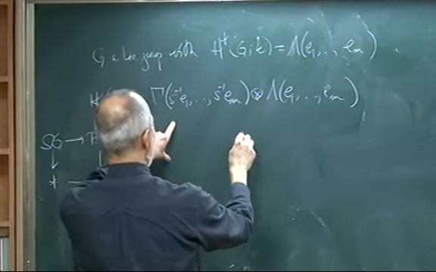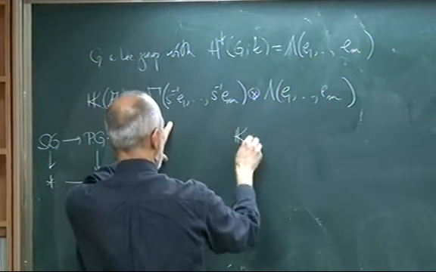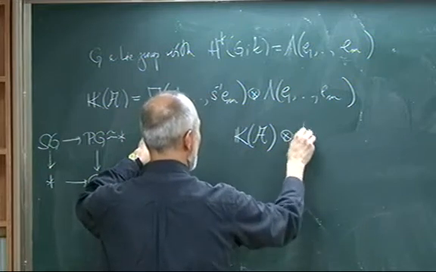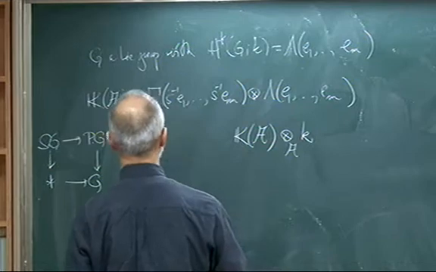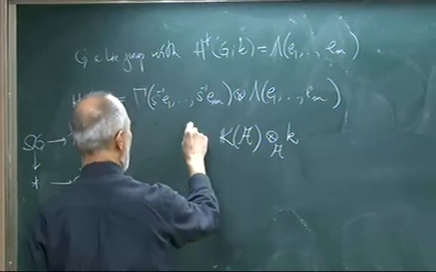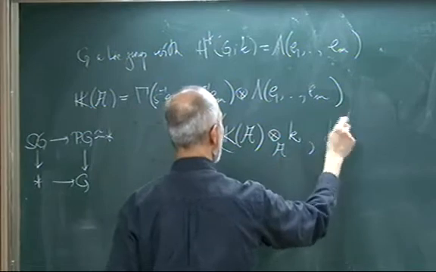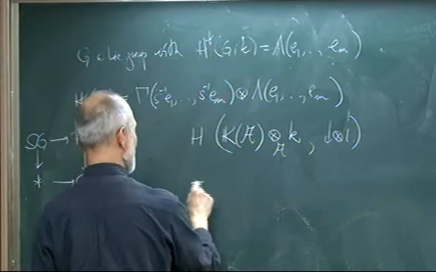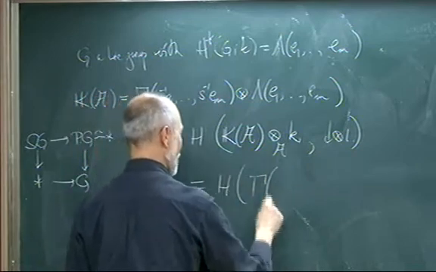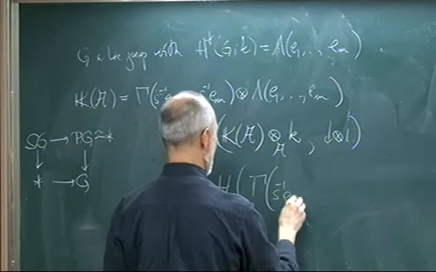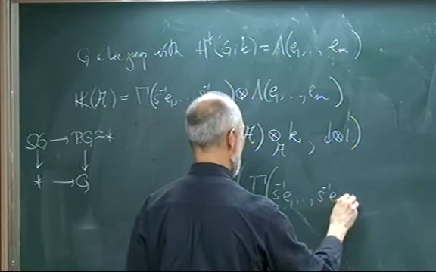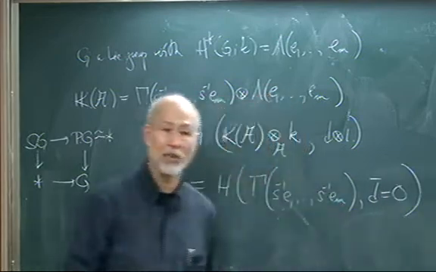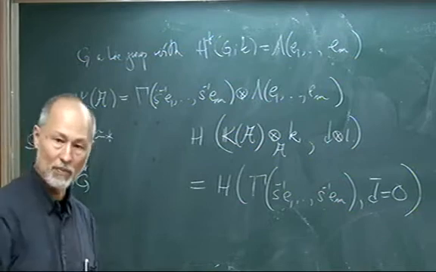So I'm going to take my resolution tensored over A with K, and then take the homology of this with regard to d tensor 1. And of course, this is H of the divided power algebra, and the new differential turns out to be 0.